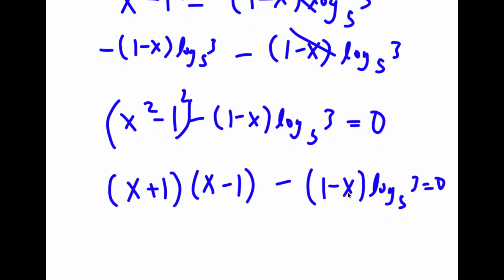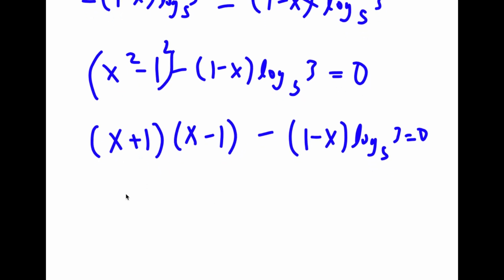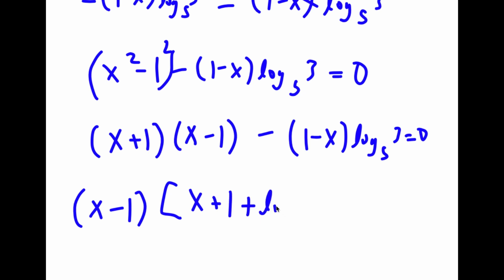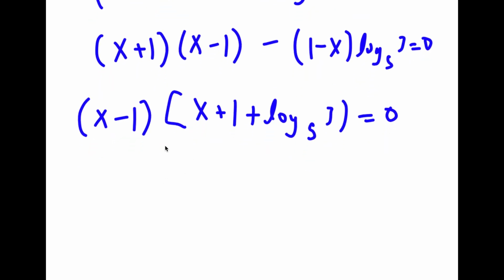And now if I factor out x minus 1, I get x minus 1 times x plus 1 plus log base 5 of 3 is equal to 0. So now this gives me two equations.